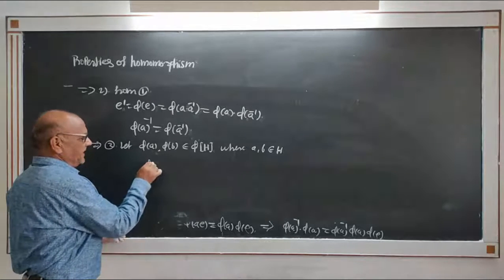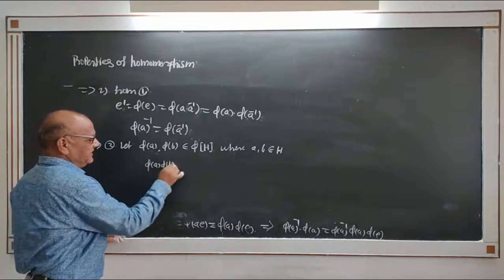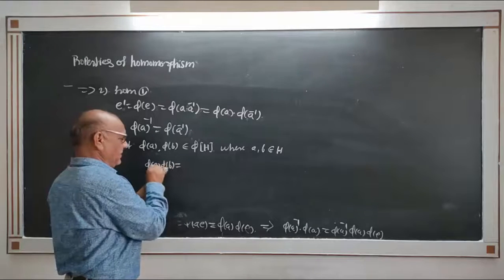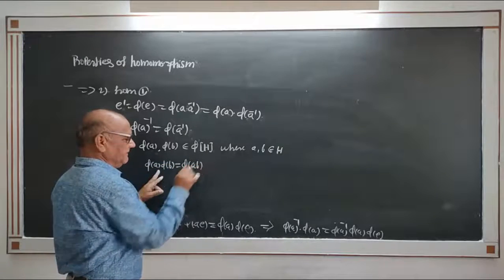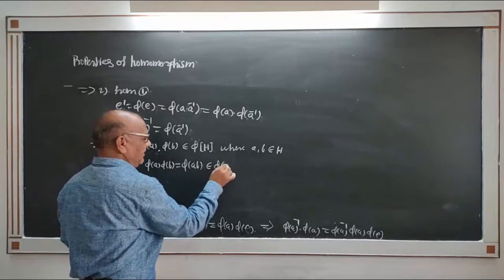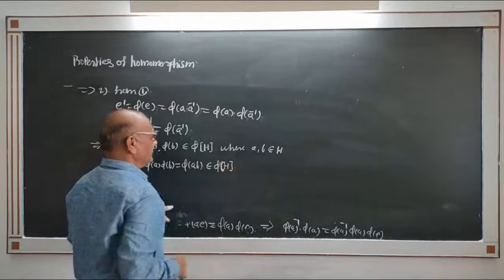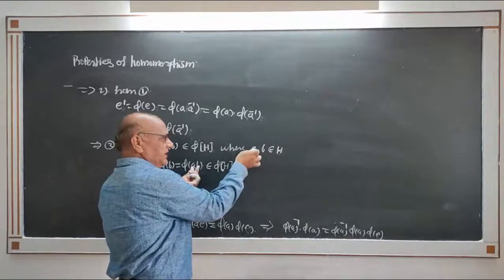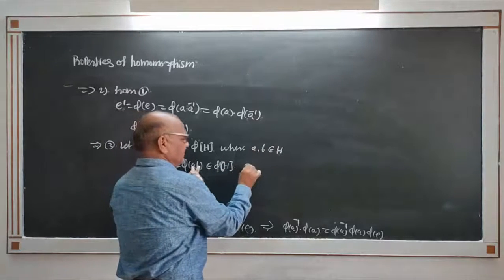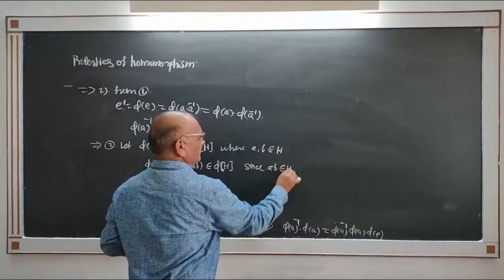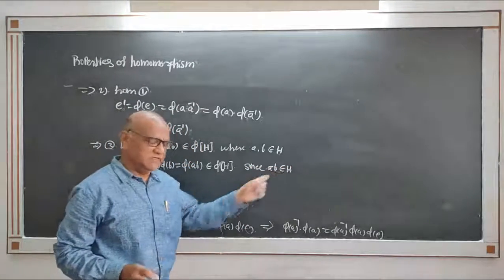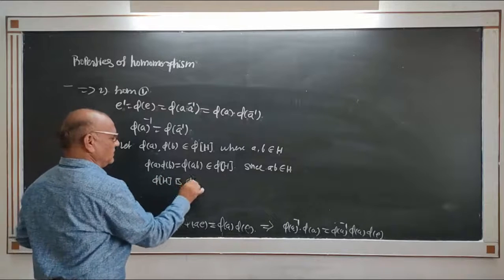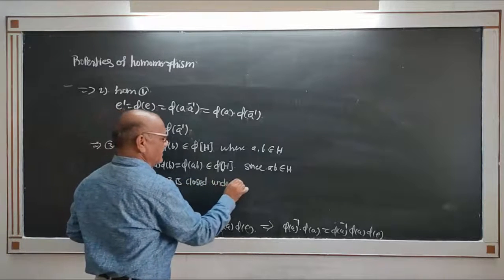Now here phi of a into phi of b is equal to, using homomorphism, phi of ab, and this belongs to phi of H, because ab belongs to H, as H is a subgroup and a, b belong to H. Therefore, closure property is satisfied, this gives phi of H is closed under multiplication.